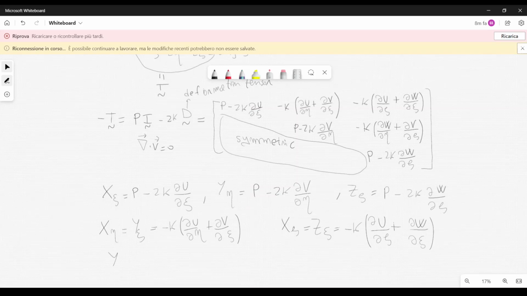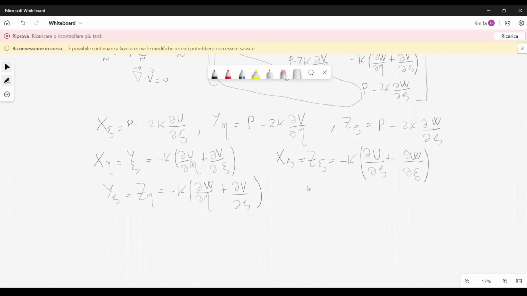Then we have yζ equal to zη equal to minus K dw over dη plus dv/dζ. And the expressions for u, v, and w become simpler if we take into account that for rho equal to r prime, the terms of higher order can be neglected.